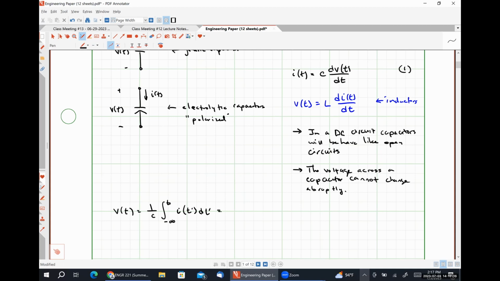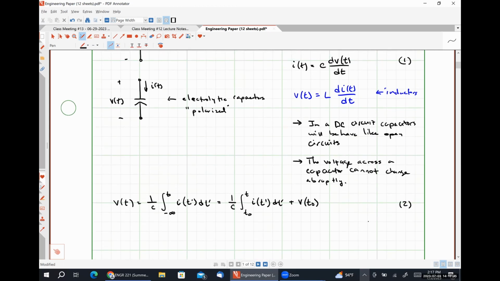And we can do just what we did with our inductor relationship. We can break this up to show that capacitors also have a little bit of memory, meaning that the present value of the voltage drop across the capacitor depends on past values of the voltage. Right? So this is going to be relationship 2.